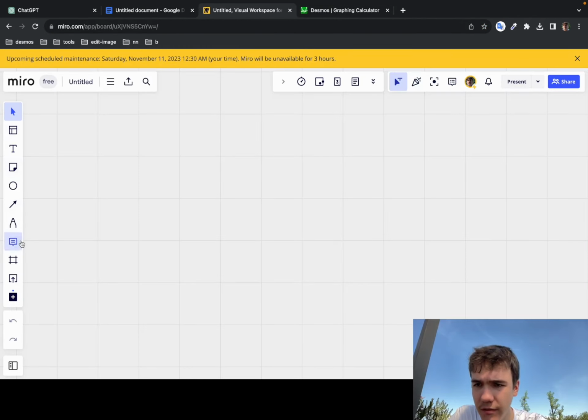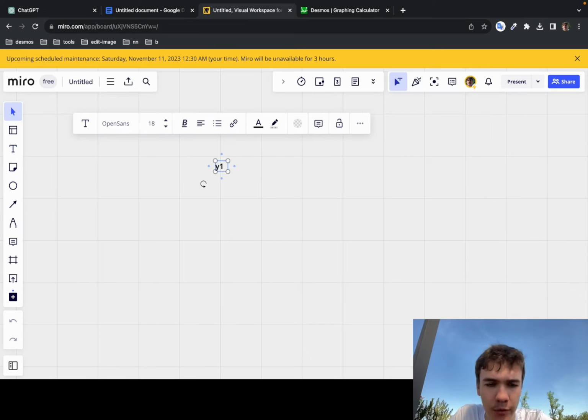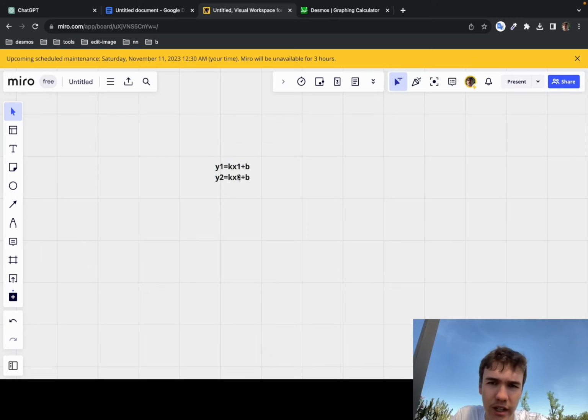Okay, so let's start. Let's use text at first. We have y1, which is equal to kx1 plus b. The second line is going to be y2 is equal to kx2 plus b. So what is this actually?